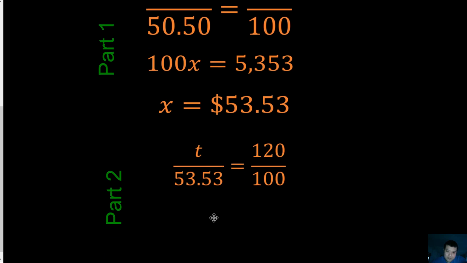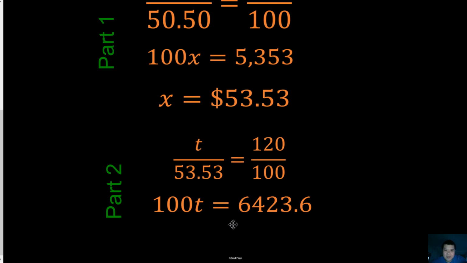Cross multiply: 100t equals 53.53 times 120, which gives 6,423.6. Then we divide both sides by 100 and round to the nearest cent. It's $64.24.